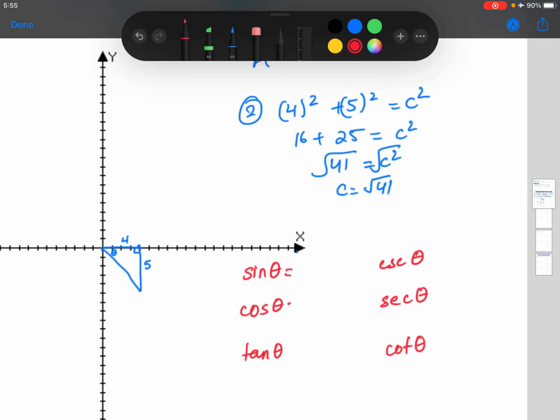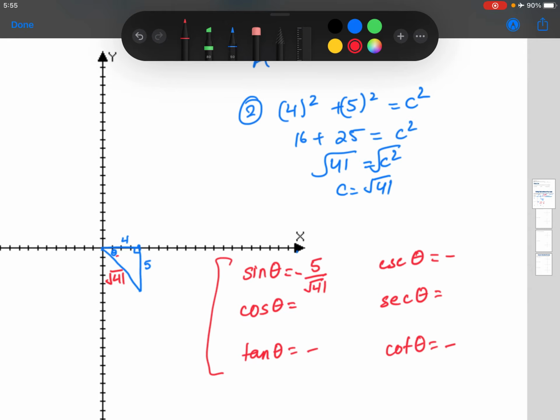So before I even do the ratios, remember these all are going to be negative, only cosine and secant. So once I know these three, I can just flip them and get the remaining. So now sine is, I know this is rad 41, we just found that. So sine is what? Opposite over hypotenuse. So it's going to be negative 5 over rad 41.